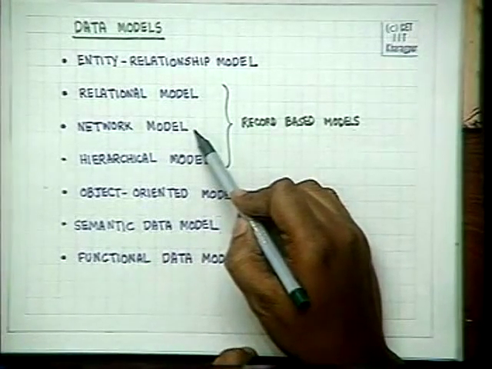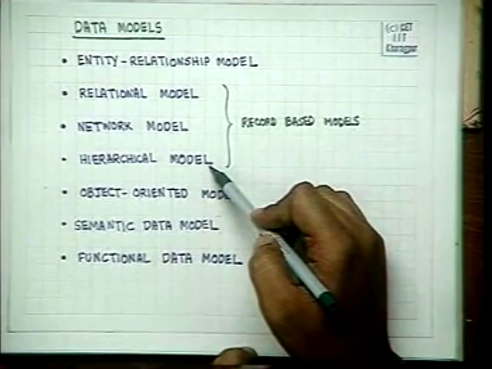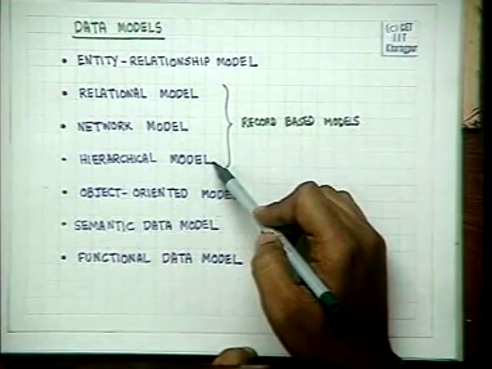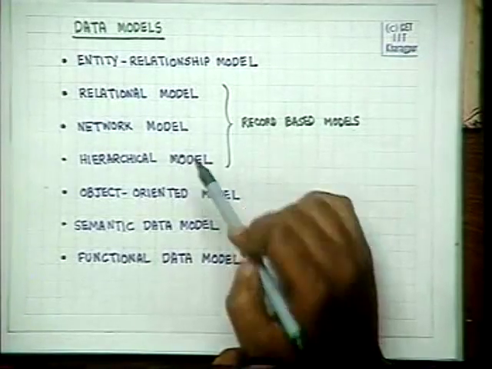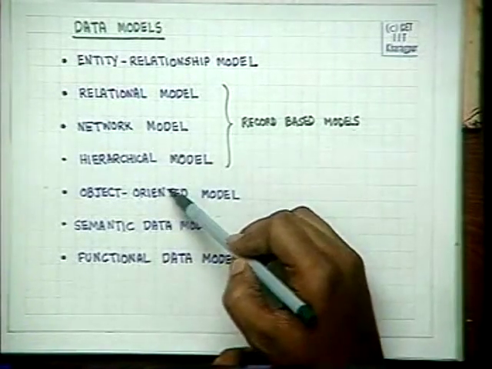Next comes the network model, and we have the hierarchical model. We shall now briefly see these first four models and what they mean. These we shall tackle later on as and when the situation arises.